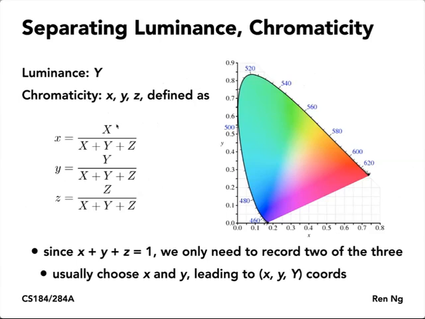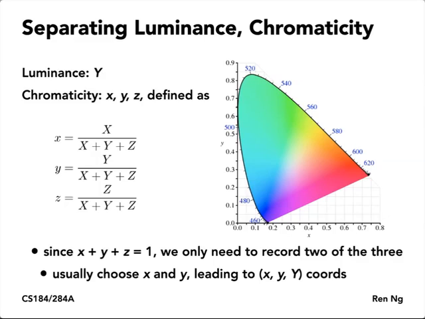So let's come back to capital XYZ. That was the definition for what that was before. The luminance is capital Y. You can define these chromaticities. This is a bit more general than I showed you earlier when I introduced this curve. So let me just tie off the math in complete detail here. You can define little x, little y, little z as here, symmetric to the equations I showed before, but now with the z term. Since x plus y plus z equals 1, we only need to record 2 of these values.